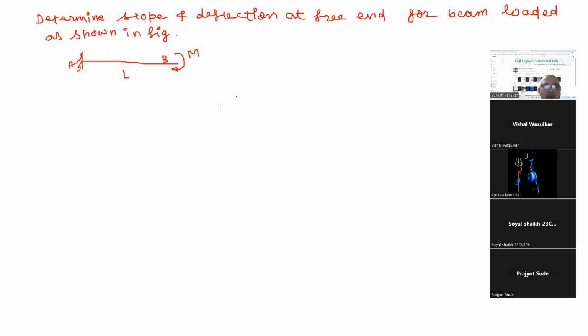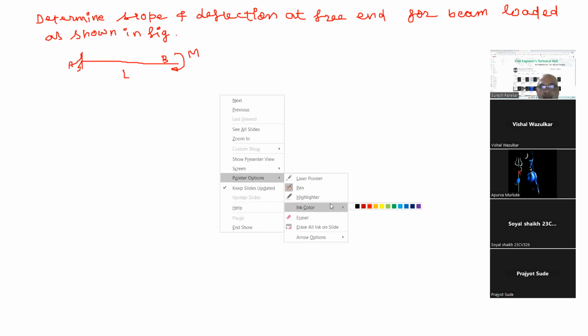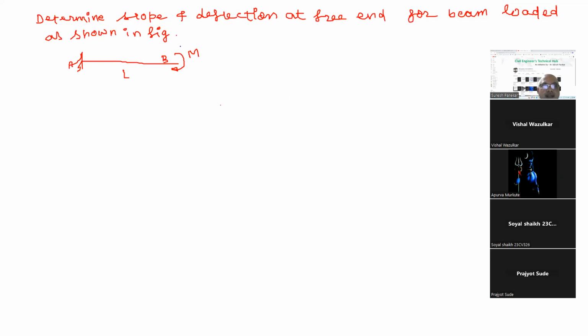Now what do we have to do in this case? First, if I go with deflection, then we have to apply a dummy load over here. For deflection, we know we require a concentrated variable load. If not available, we have to apply it. And directly we will go to the table.